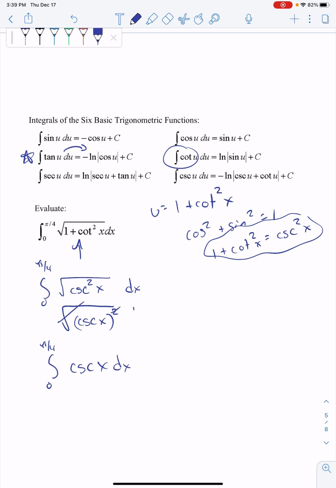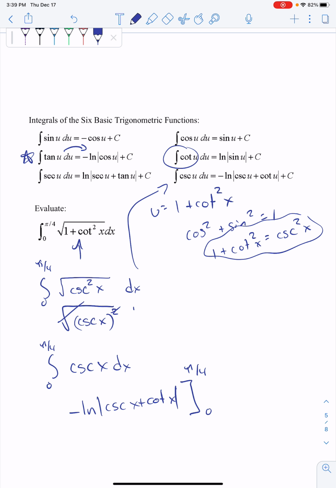Now this looks like one of my problems right here, right? The integral of cosecant is just negative natural log of cosecant u, so cosecant x plus cotangent x plus c. But this one, I actually have limits on my integral. So when I do that, instead of a plus c, I'm going from 0 to pi fourths.